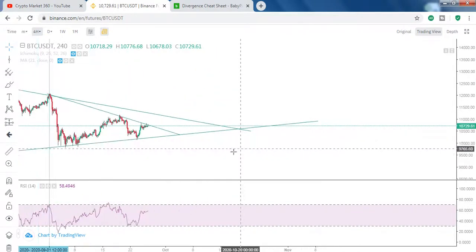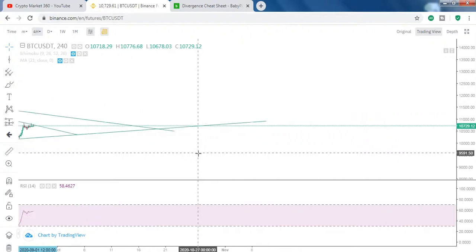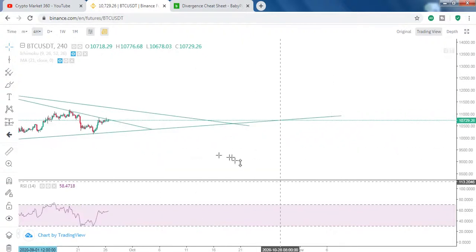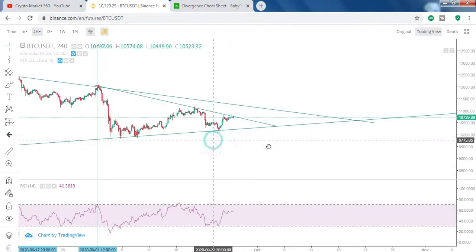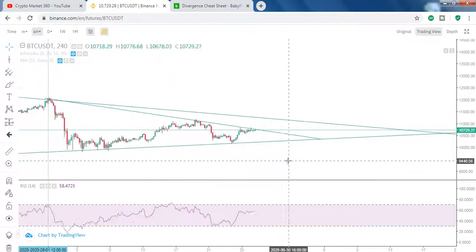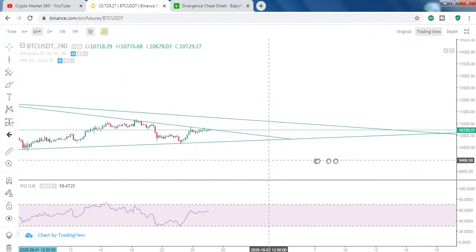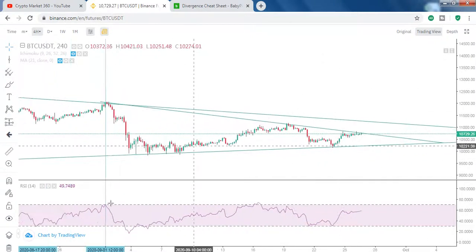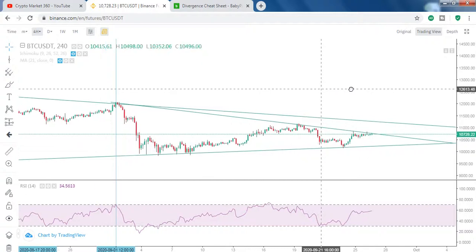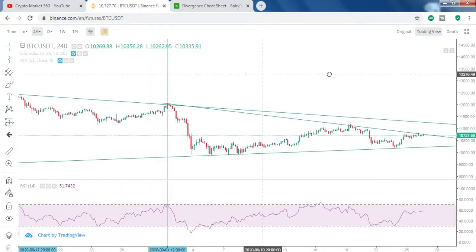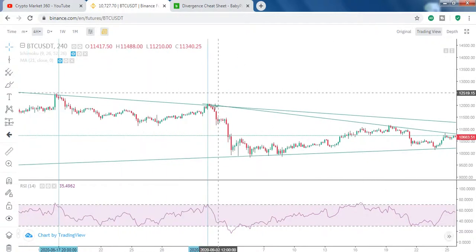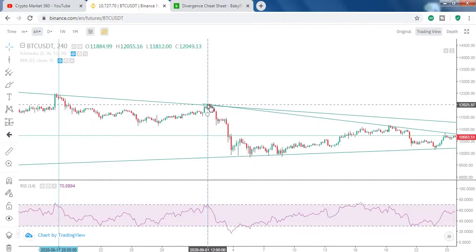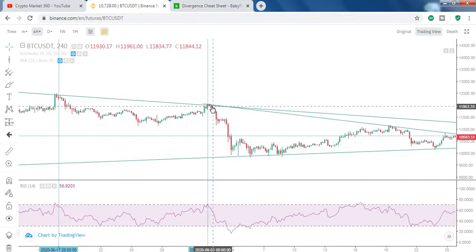When I spot this, I don't enter the trade immediately. I look for a bearish candle. Let me zoom in on the chart. After you see this type of divergence, you will wait for a confirmation candle, like this one, a bearish candle. When you find a bearish candle, you can take entry from the next candle.